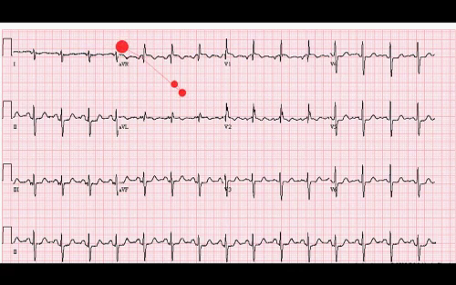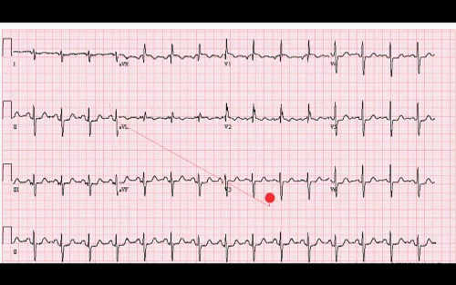And there's right axis with the axis of the QRS about plus 130, and there is an increased RS ratio in V1 and V2. So all of this points to right ventricular hypertrophy, and that's about as far as one can go.